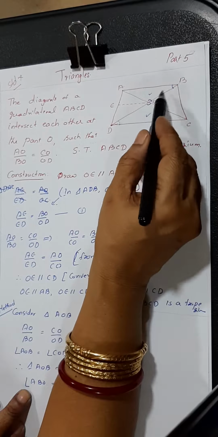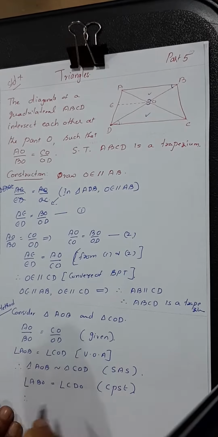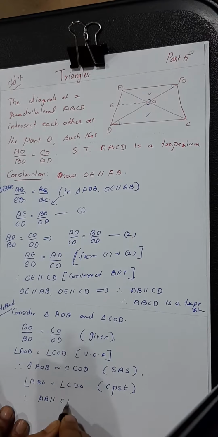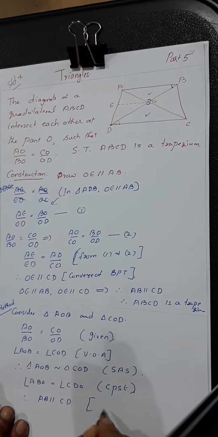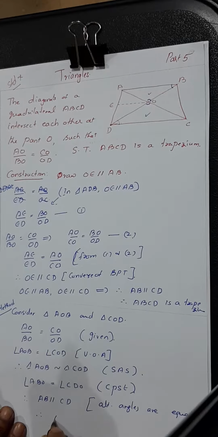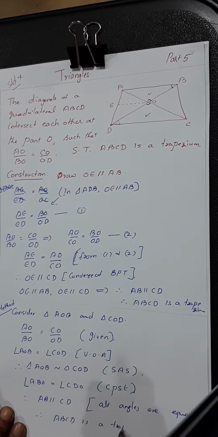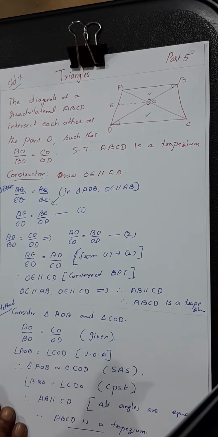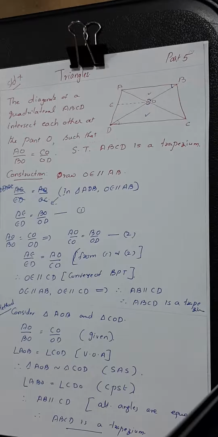We got these two angles equal. Therefore, we can say AB is parallel to CD because the alternate angles are equal. Therefore, ABCD is a trapezium. So unless it is specified in the exam, you can use either of the methods.